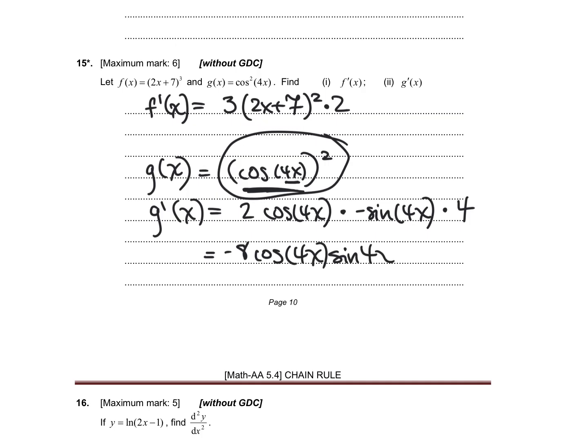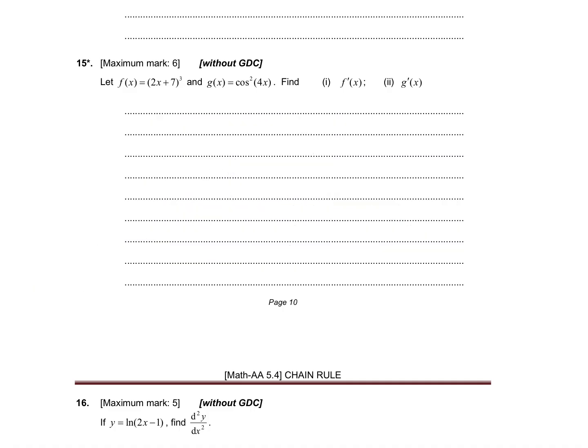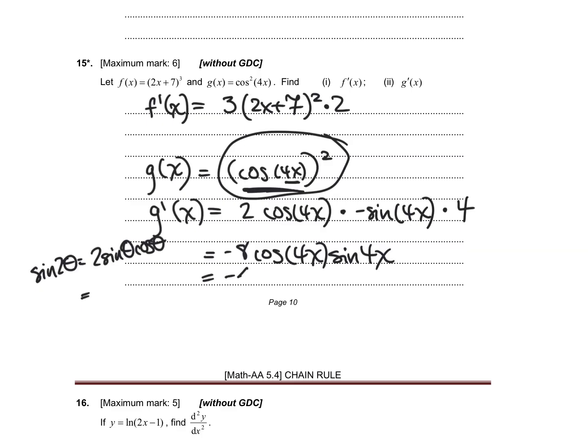sine 4x, and probably if we had sine 2 theta is 2 sine theta cosine theta. So if we have theta, so theta, 2 cosine 4x sine 4x.